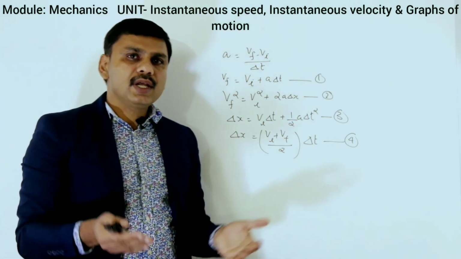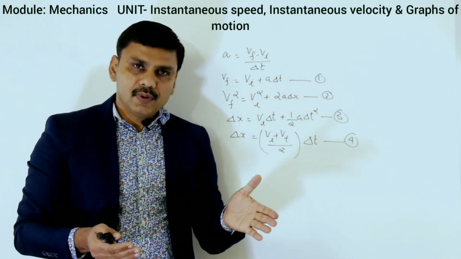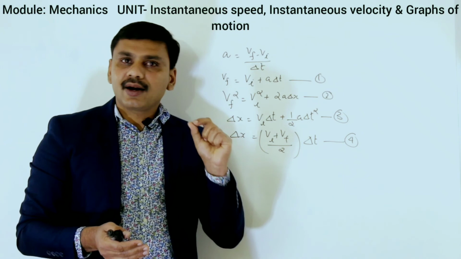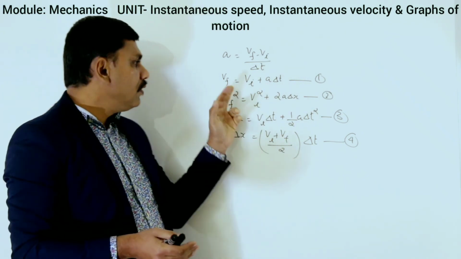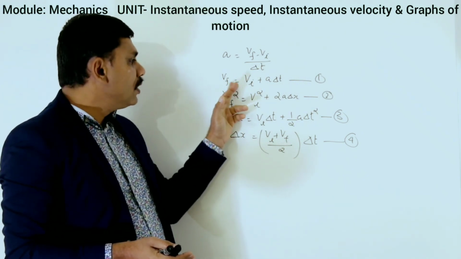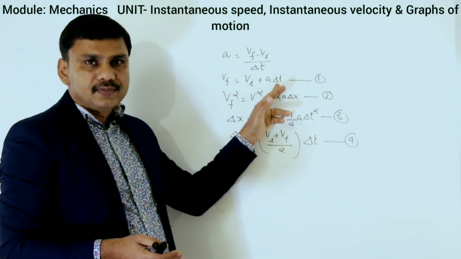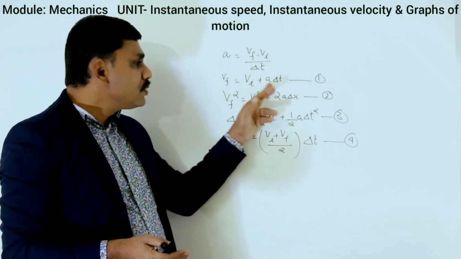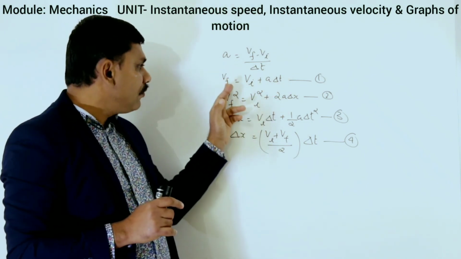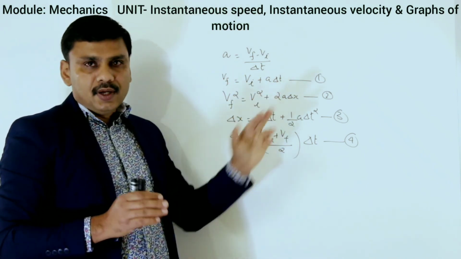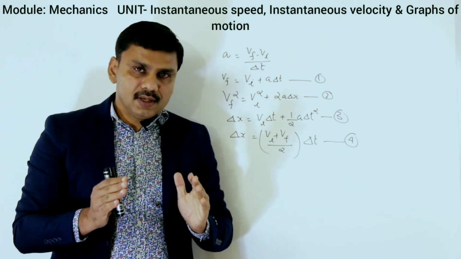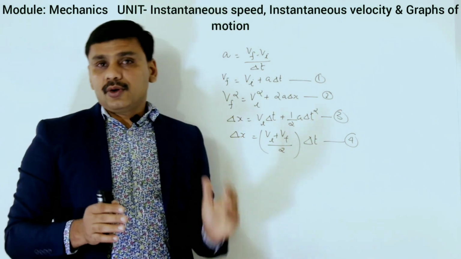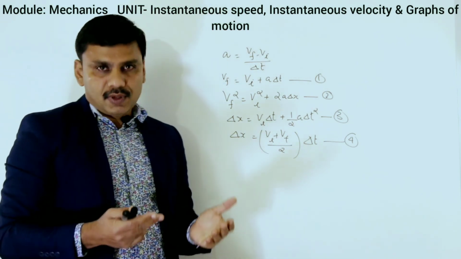When you do a numerical problem, you choose an equation that should contain only one unknown. For example, if you select Vf equals Vi plus A delta t, and A is unknown, the other values, Vf, Vi and delta t, you should know. That is the way to select the equation.